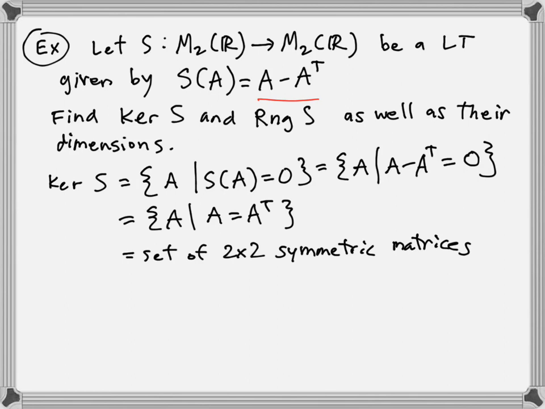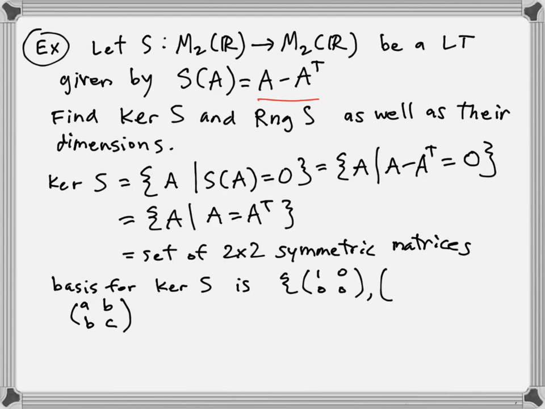If we wanted to write a basis for the kernel of S, well, 2 by 2 symmetric matrices all take on this form, A, B, B, C. So a basis would be 1, 0, 0, 0, 0, 1, 1, 0, and 0, 0, 0, 1.